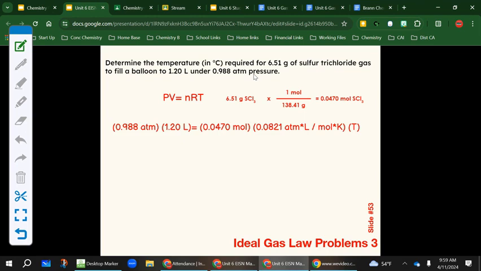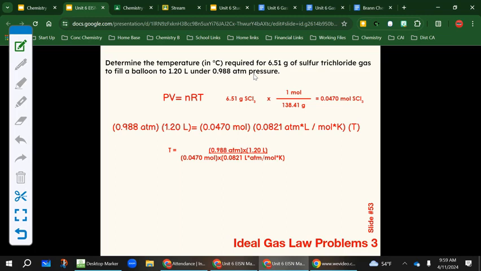Now we put everything into our formula. Here's our pressure, here's our volume, here's our moles. Why did we choose 0.0821? Because it's the unit of atm over here. We've got to use the R value that has atm in it. Solve it for temperature.